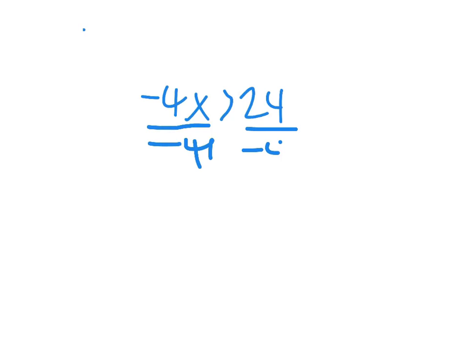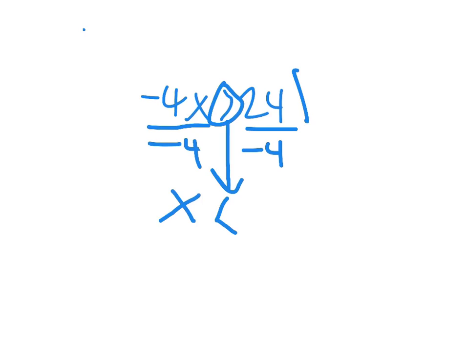And then the sign flips. This sign right here, when it moves down here, will flip from greater than to less than. And this side is the regular -6.